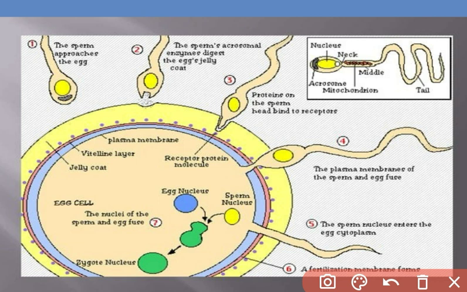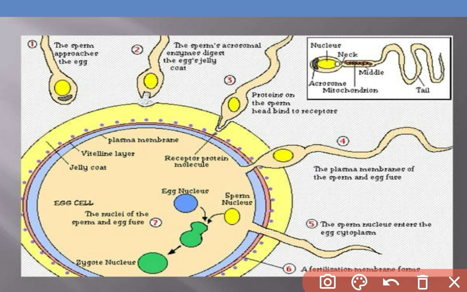The plasma membranes of the sperm and egg get fused. After fusing of these two plasma membranes, the sperm donates or releases only the nucleus. Here we can see the yellow colored nucleus of the sperm gets released from the head of the sperm into the cytoplasm of the egg cell.